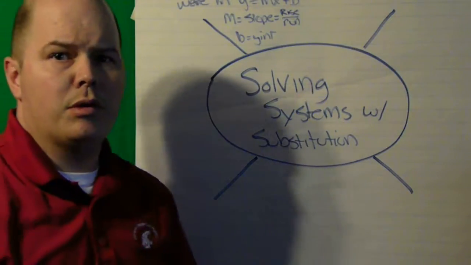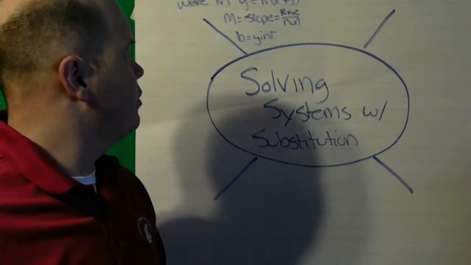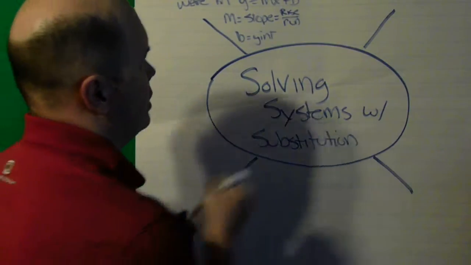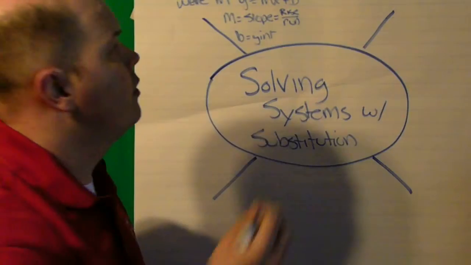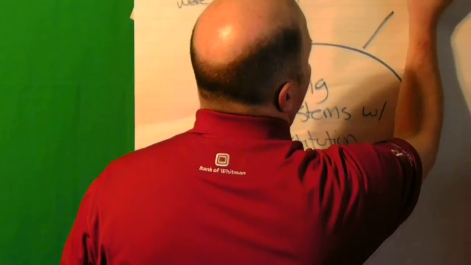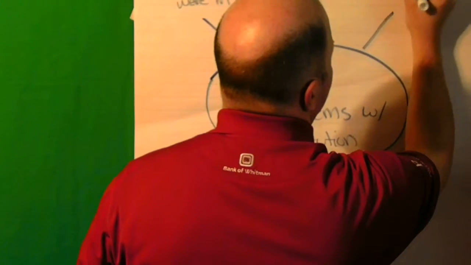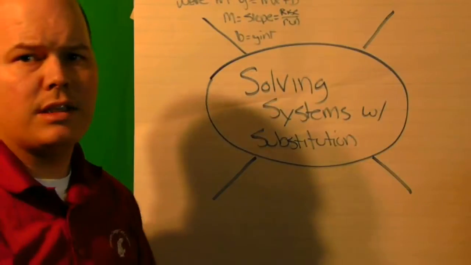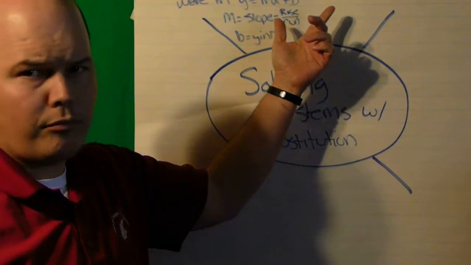So that was the first thing we were doing yesterday. We were making sure that we got our equations into y equals mx plus b, because that allowed us to identify our number of solutions.